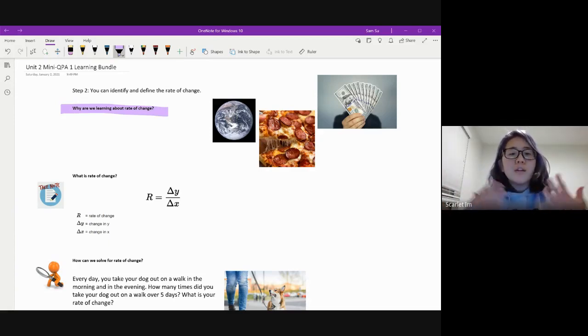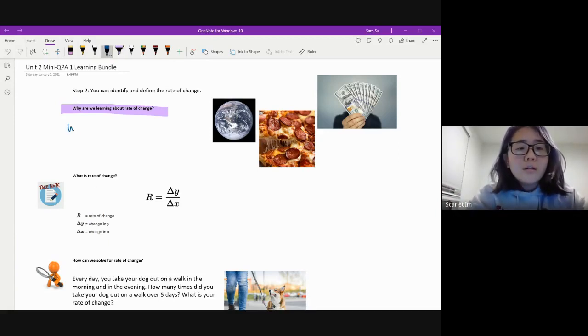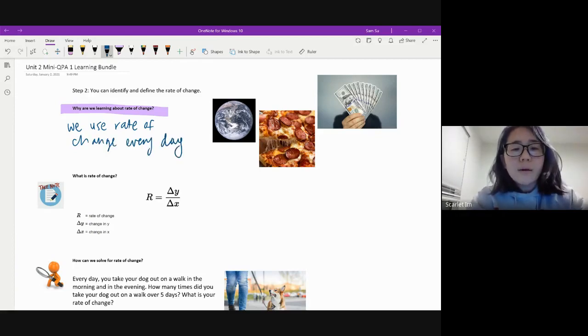So the reason why we learn about rate of change is because we use it every day. From your cooking, from how many hours you sleep, to how fast your car goes. These are all rates of change.